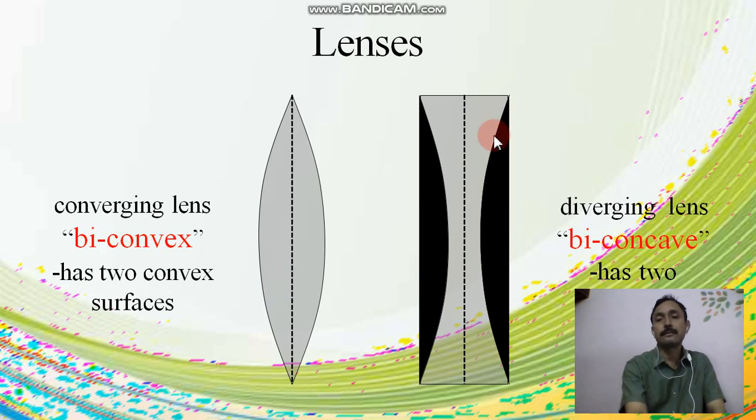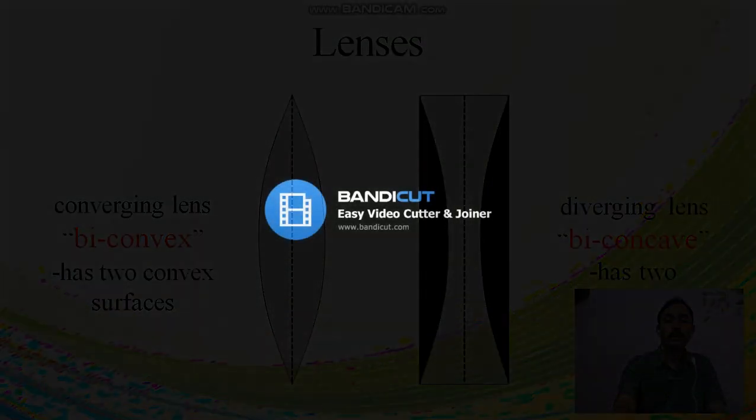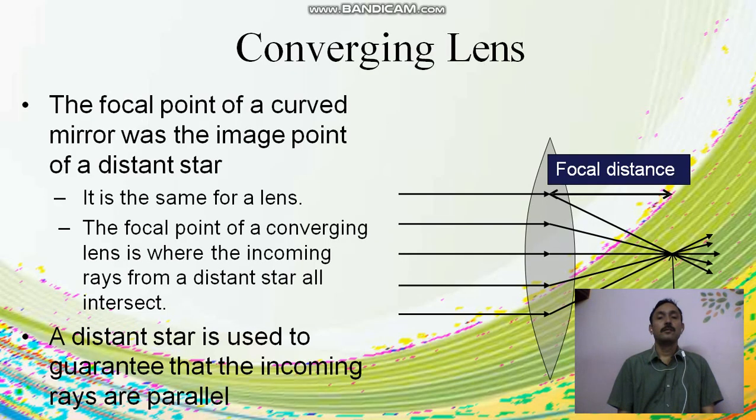And diverging lenses are biconcave. Here one concave surface, another concave surface. These two make a biconcave lens. So converging lens, this is a biconvex lens here.